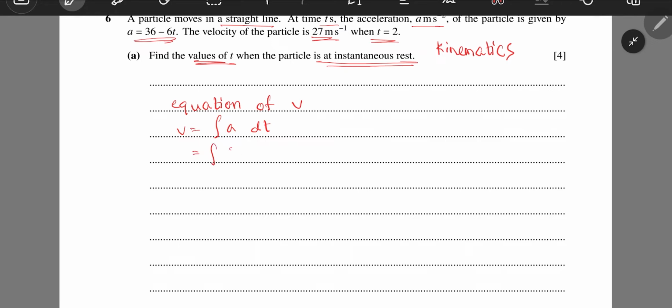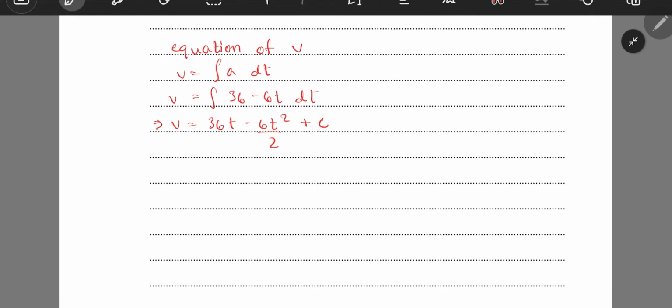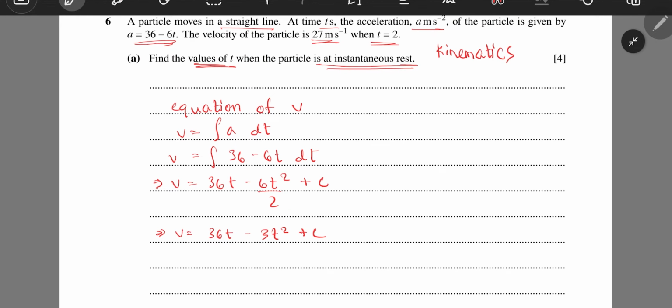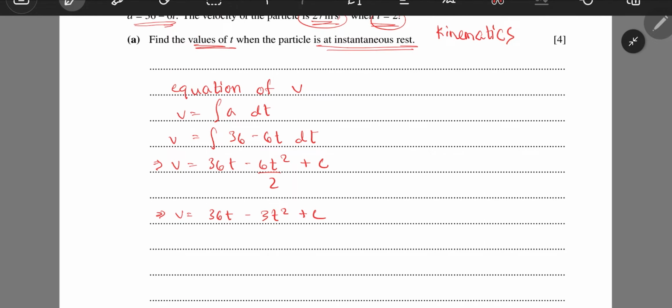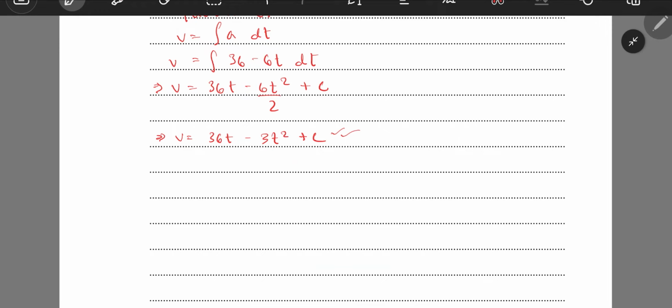So integration of 36 minus 6t dt, or v is equal to 36t minus 6t squared by 2 plus c, or v is equal to 36t minus 3t squared plus c. And they have stated that when t is equal to 2, v is equal to 27. We'll use that information to find c.